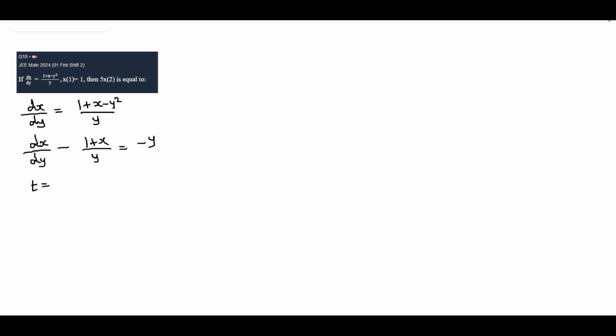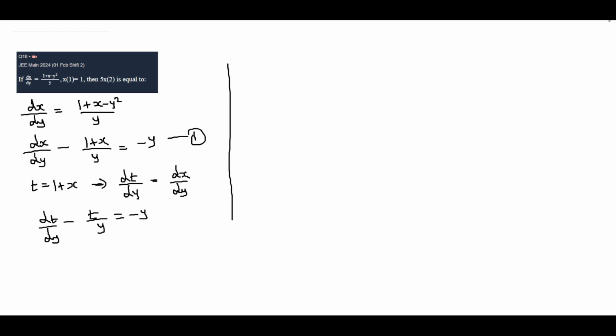Take t equal to 1 plus x, which implies dt by dy is equal to dx by dy. Now replacing the value in equation 1: dt by dy minus t by y, which is equal to minus y.